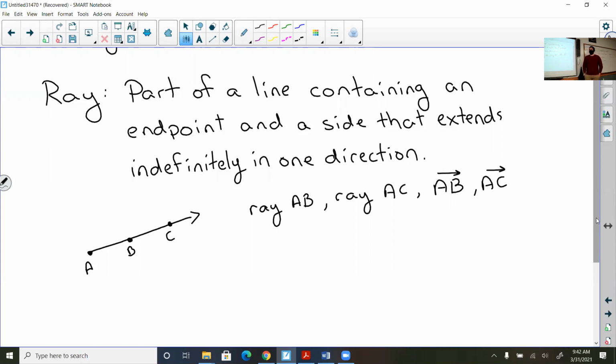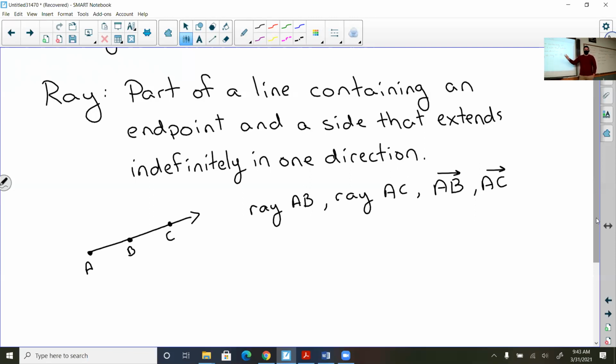Now some names that are not applicable to this ray. I cannot call it ray BC. I cannot call it ray CB. I cannot call it ray CA. And that's because when you identify a ray, you have to start with the endpoint that terminates, because that is identifiable. I know that this thing starts or stops, however you want to look at it, at A. From there, it goes on forever.